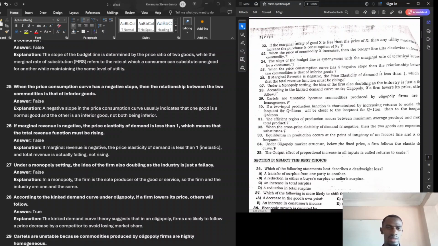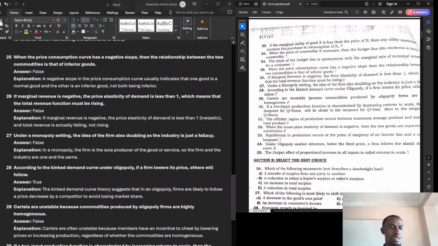This is false, 29. And here's the explanation. Cartels are often unstable because members have an incentive to cheat by lowering the price or increasing production regardless of whether commodities are homogeneous. So these treaties signed, they're not unstable because of that. Take an example of the buses going to, let's say, Gulu, Arua, that side.